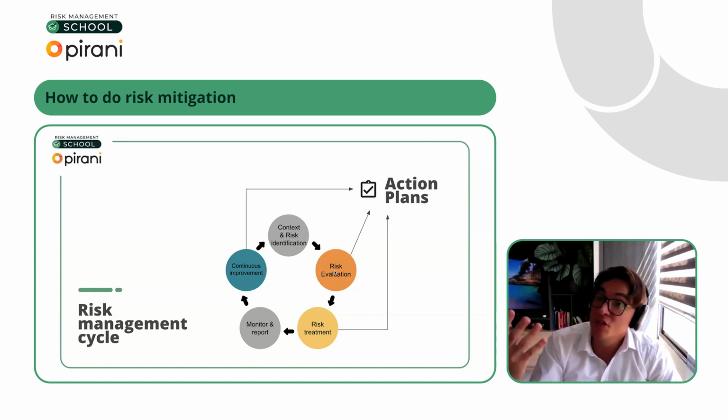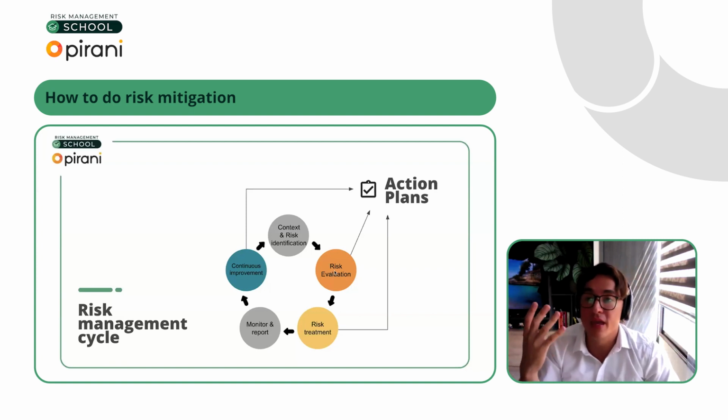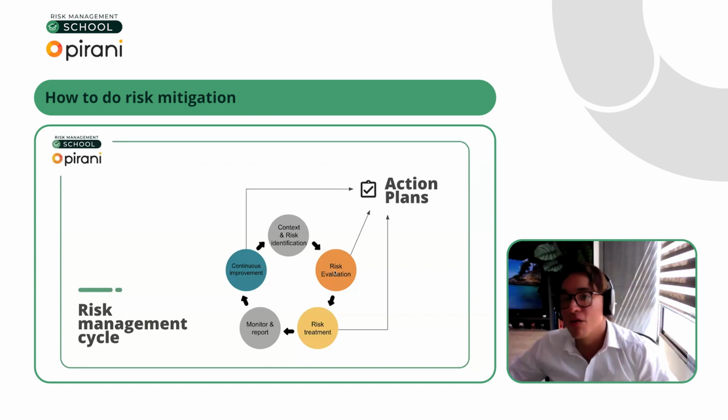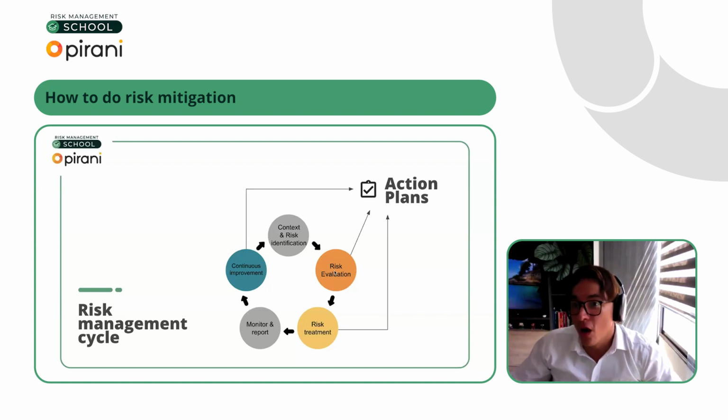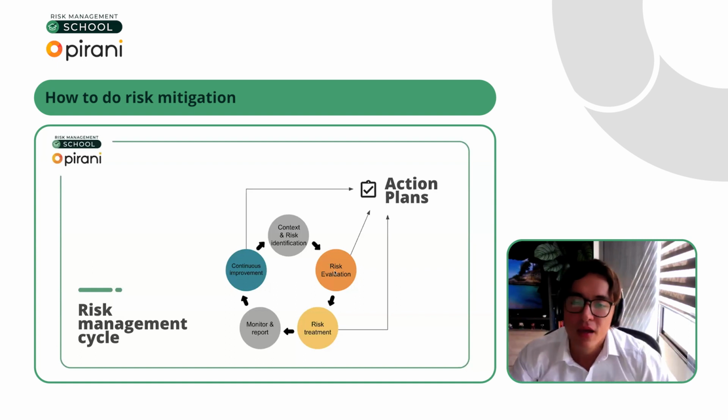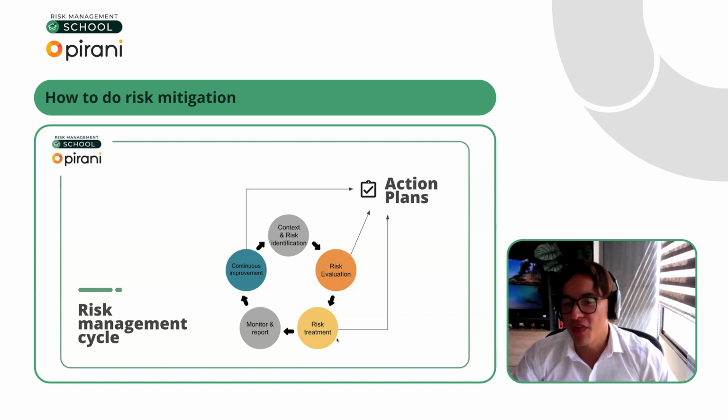Because, for example, in emerging risks, we don't even know what the impact will be because it never happened to us, or even to the companies that I know or work with. So sometimes action plans are even useful for the risk evaluation step. Of course, I think it will be very interesting and useful in the risk treatment. And I'm going to show you an example of this.